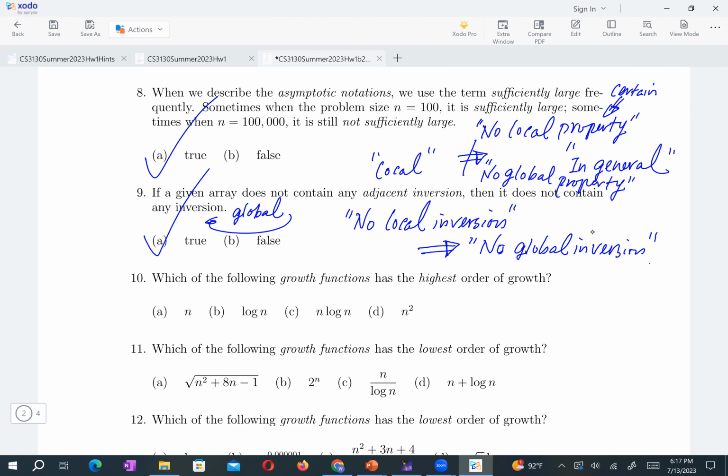Let me say a few words on this in general: if some problem does not have a local property, it does not imply no global property. Let me give you one example. Think about the greedy algorithm. Do you still remember that?